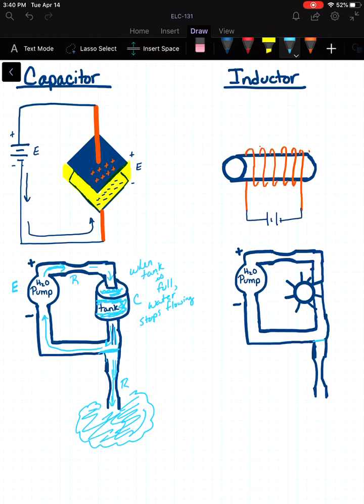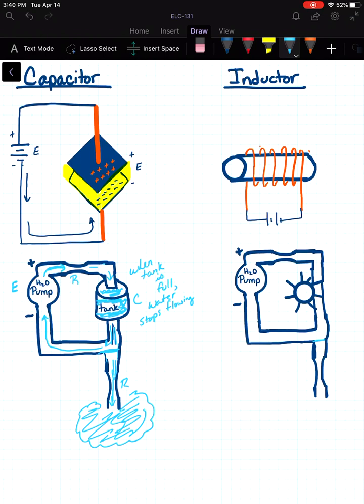And that's what a capacitor does. It'll fill up with voltage, and it'll hold that voltage. And then when we use it, it will discharge, or we empty the tank, so to speak, and then we'll charge it back up. So that's how our capacitor works in our circuit.